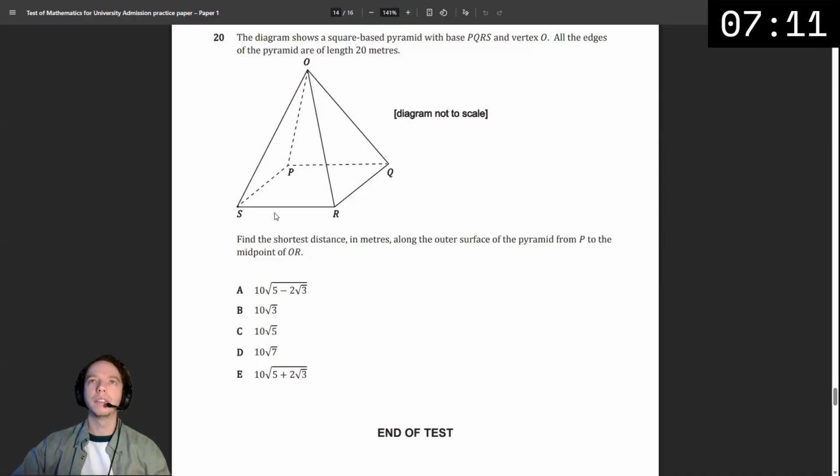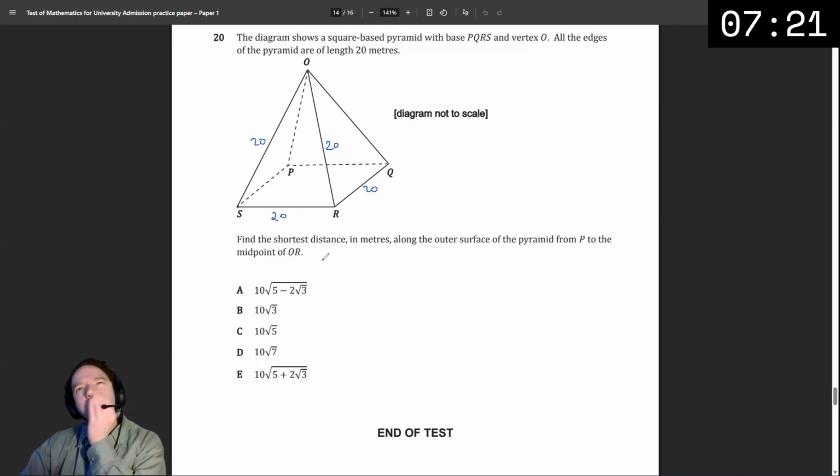That's 20, 20, 20. These are all equilateral triangles, basically, in a square. Find the shortest distance in meters along the outer surface of the pyramid from P to the midpoint of OR. The shortest distance in meters along the outer surface of the pyramid.